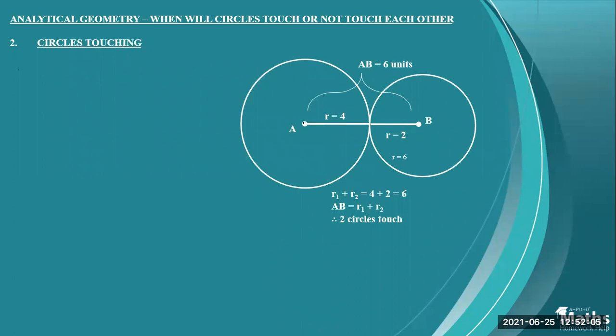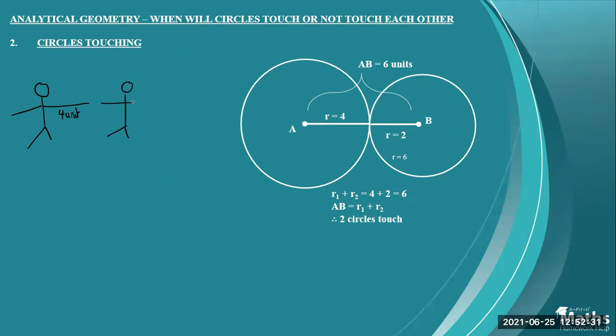The second type of scenario will be when the circles touch each other. So again, let's look at some human people. This guy has an arm length of 4 units. So he's stretching out his arm, hoping to touch someone else or help someone that wants to fall off a bridge or something.